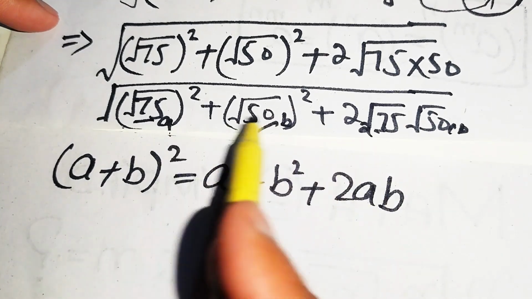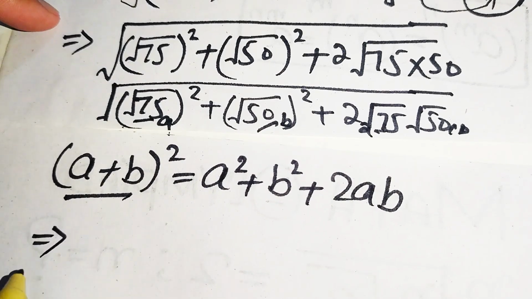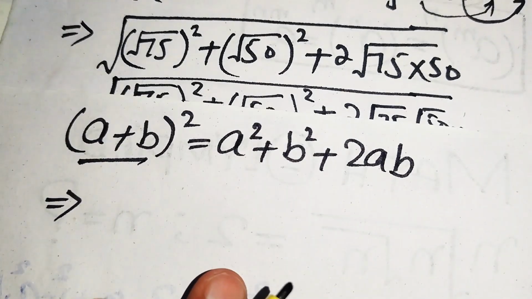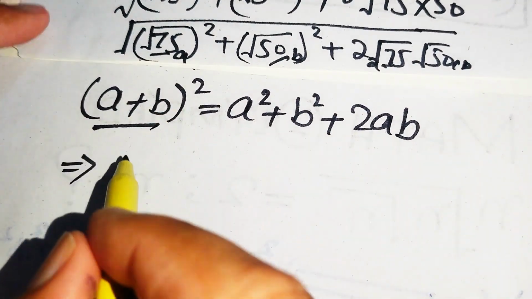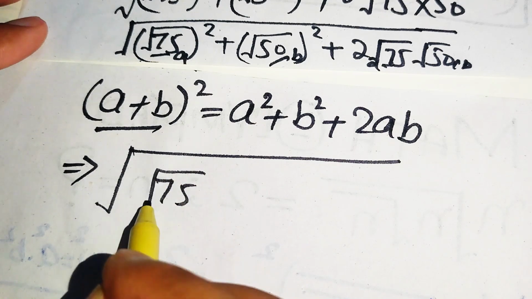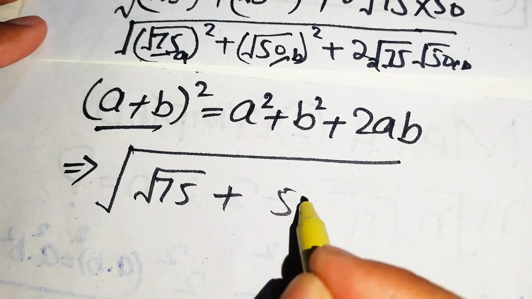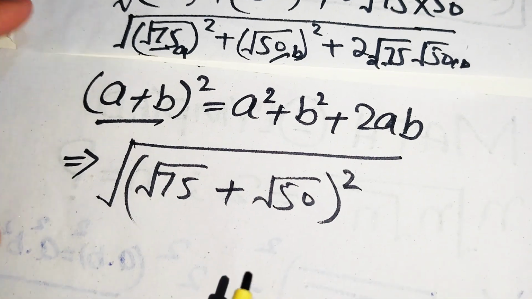So we just combine all these terms in this form, and we write it as the square root of the whole, the square root of 75 plus the square root of 50, whole squared.